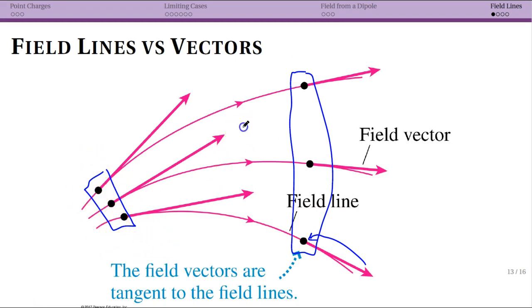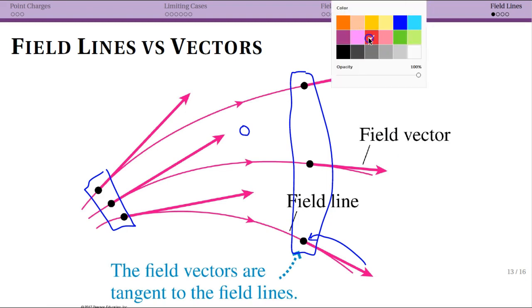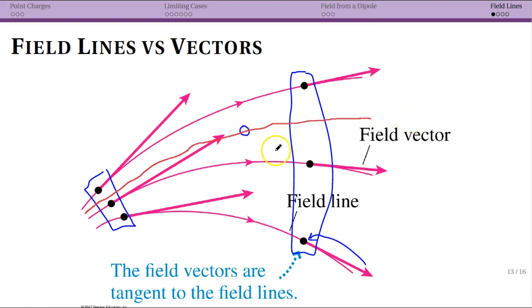Now, I might ask you the question of what's going on in this spot. Is the field 0 there? No, there's certainly still a field there. And in fact, I could go and try to draw another field line that starts to capture what's happening there. And I can't just draw part of it. I really need to complete the whole thing. And it would be kind of in between what's going on the other ones. So then I have this point now.